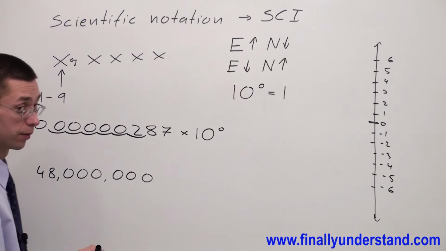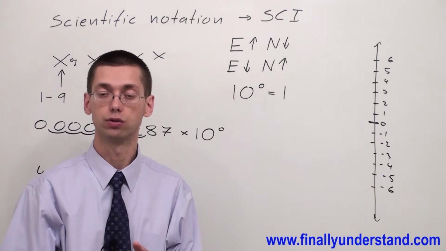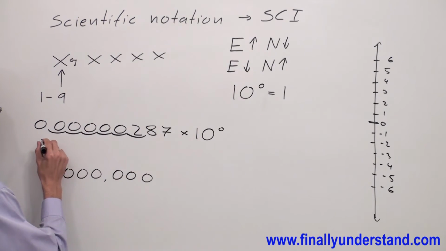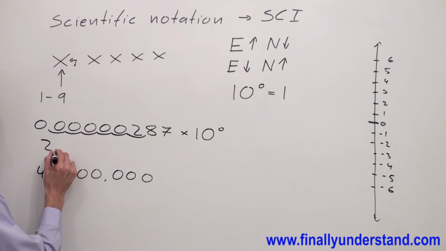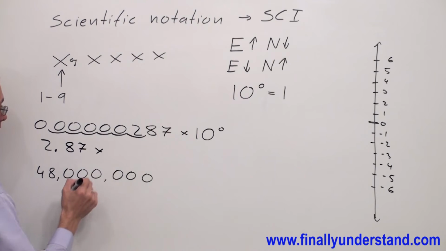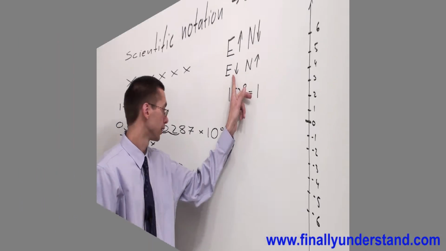Now, my number got bigger because I moved my decimal point to the right. Got bigger, and right now it is 2.87. And when my number is getting bigger, exponent gets smaller.